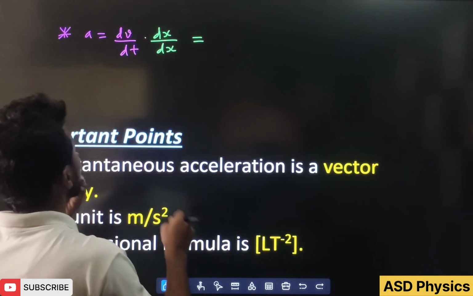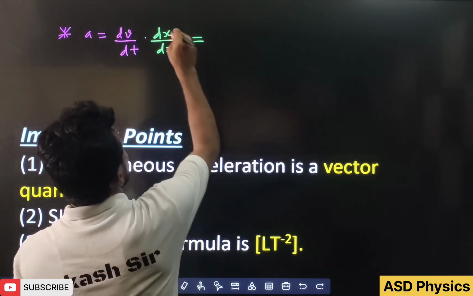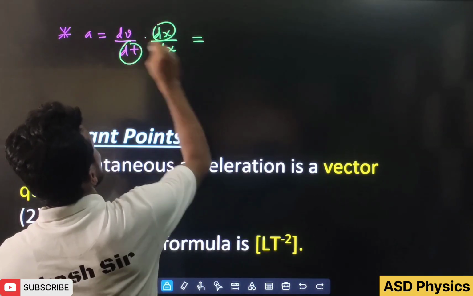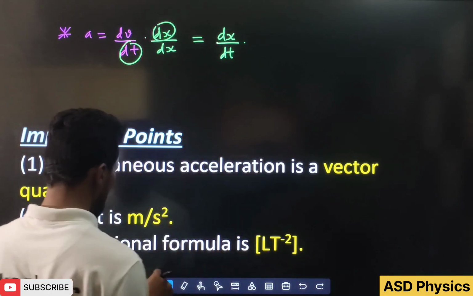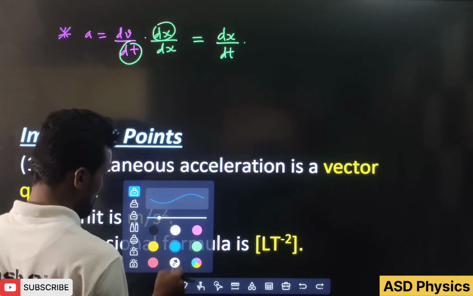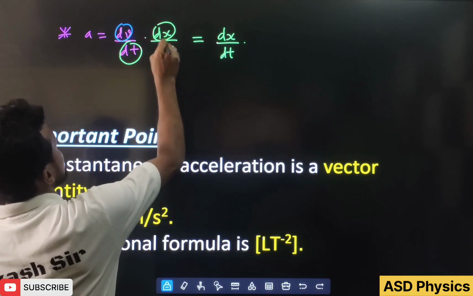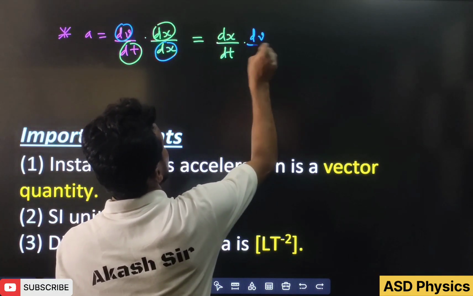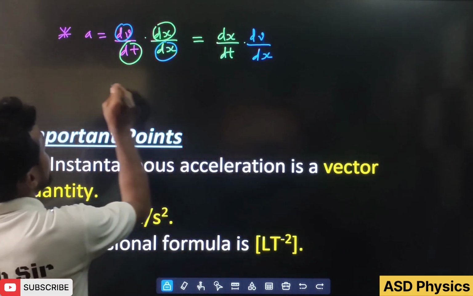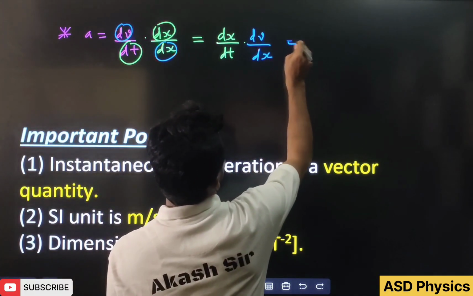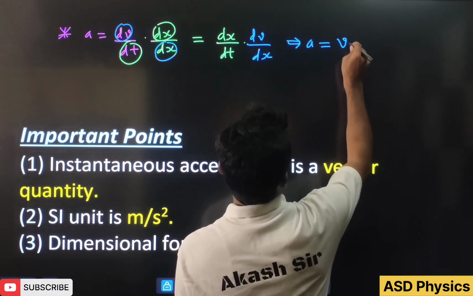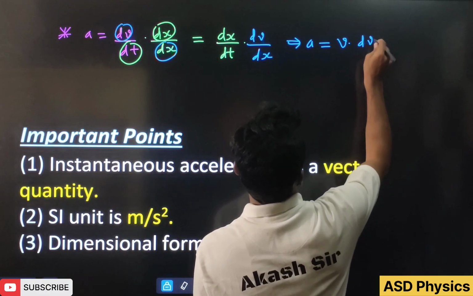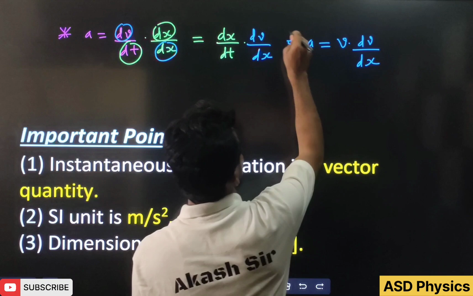So if I write this dx and this dt together, it becomes dx by dt. And what is left is dv and dx, which becomes dv by dx. So from here we can write a equals dx by dt times dv by dx, that is, a equals v dv by dx. This is the formula.